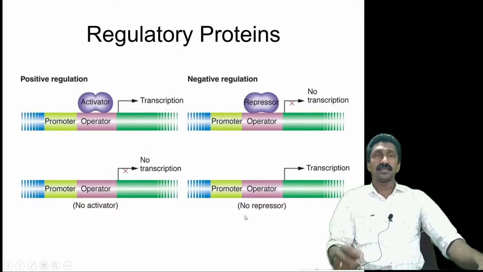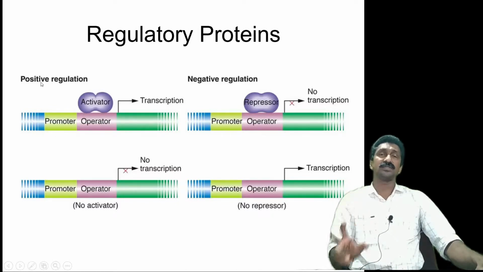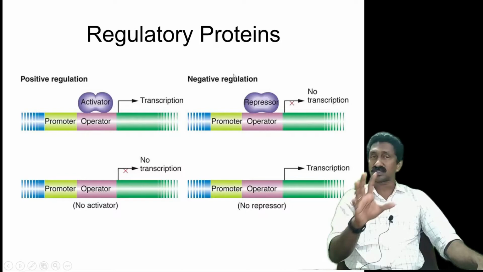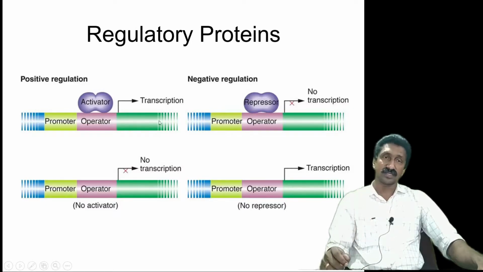Here you can see there are regulatory proteins involved in such gene expression. There are two types of regulation. One is positive regulation and the second one is negative regulation. In positive regulation, here is the common structure of a prokaryotic gene. Here is the promoter, then this is the operator, this is the gene which needs to be transcribed.